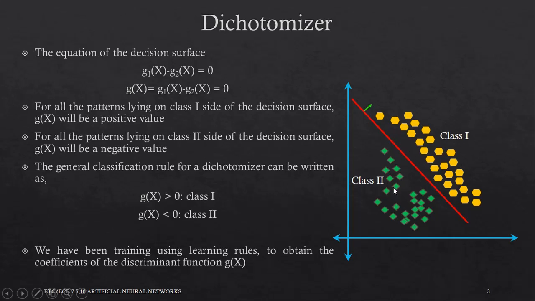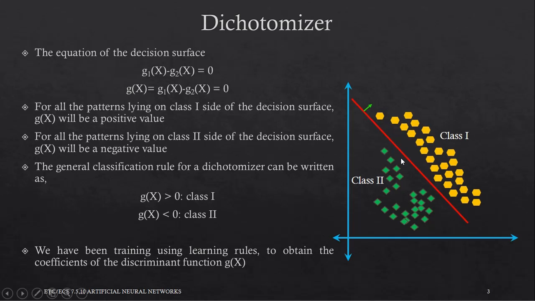The decision surface between these two regions is where g1 of x is equal to g2 of x, which gives the equation of the decision surface as g1 of x minus g2 of x equals 0. This can be written as g of x equals g1 of x minus g2 of x equals 0.